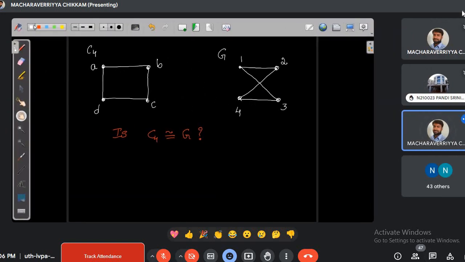All right, let's see. So now let me try to define a function here. Let me define a function from vertices of C4 to vertices of G, where V1 is nothing but A, B, C and D, whereas V2 is 1, 2, 3, 4.